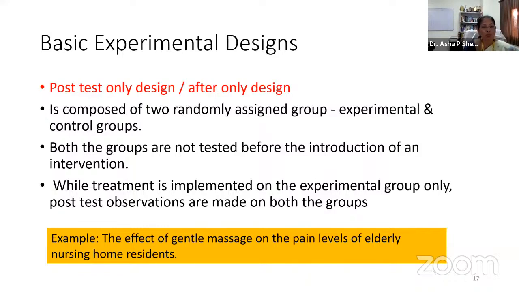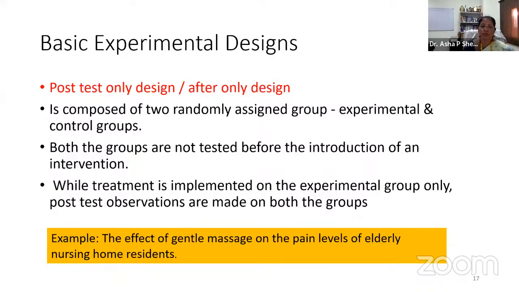It is composed of 2 randomly assigned groups, one the experimental group and the other the control group. This is done after the random assignment of the participants to both groups. Both groups are not tested before the introduction of the intervention, because, as the name itself suggests, it is post-test only.